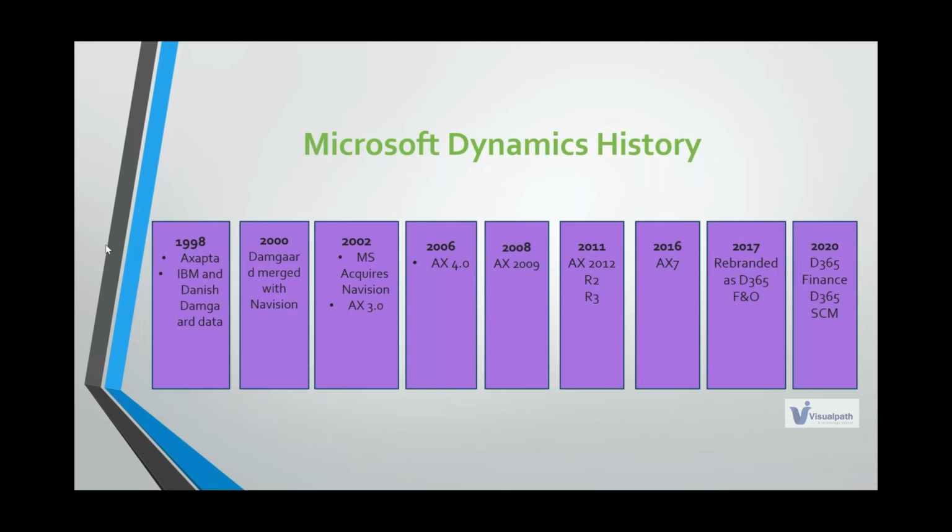What are those two companies? One is IBM, and the second one is Danish company Damgard. IBM and the Danish company were in a collaboration, and they introduced the Axapta product.